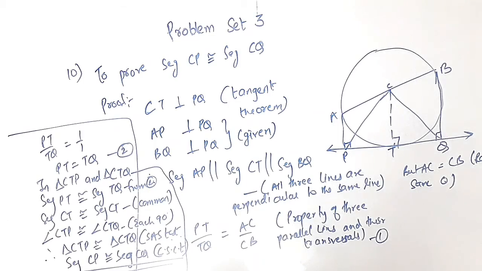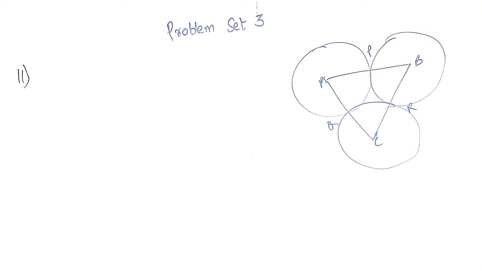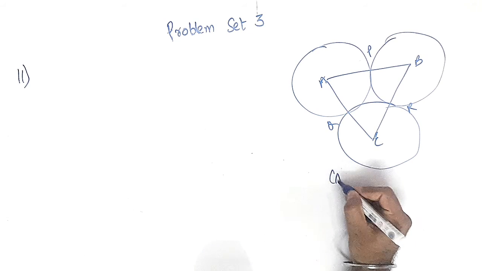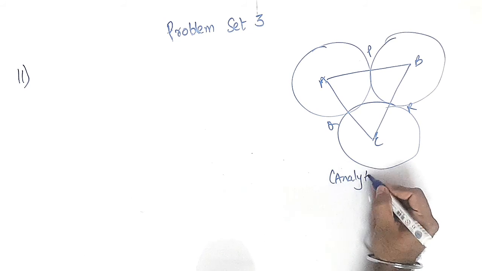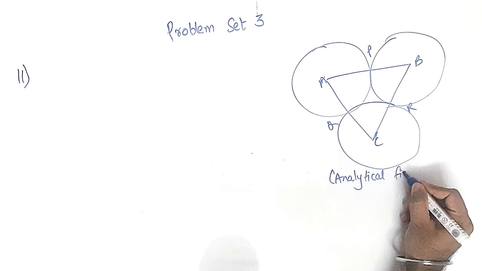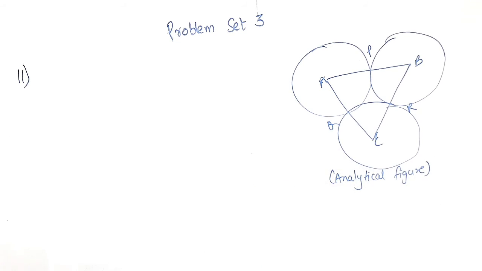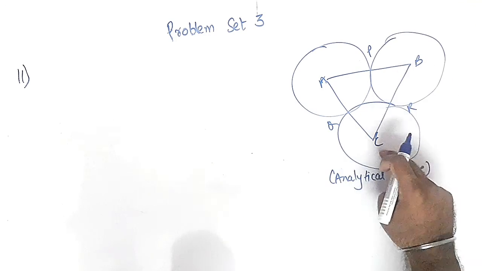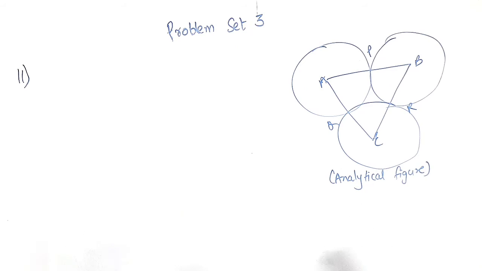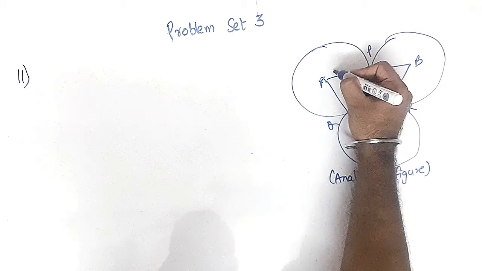Then 11th one is your construction, and I have drawn the analytical figure here. If you see, they have given draw circles with center A, B, C. So we have drawn circles with center A, B, C, each of radius 3 centimeter.